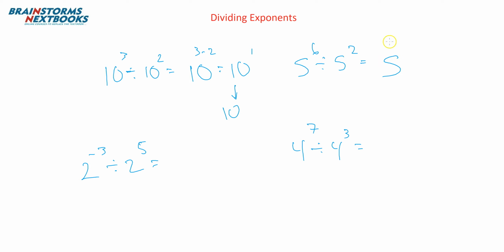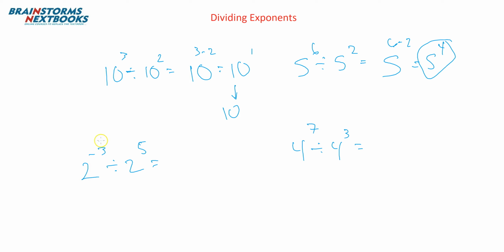What about this one? This would be 5 to the 6 minus 2, because again, it's division, it becomes subtraction, and that's 5 to the 4th. Easy. What about this one? That was a weird little square. Okay, here we are with the negative now, and you're annoyed because you're like, he never even covered a negative, so how am I supposed to do this? Don't think it's the same rule.